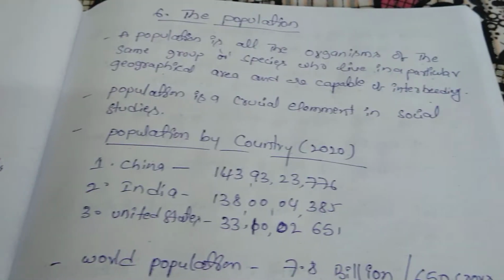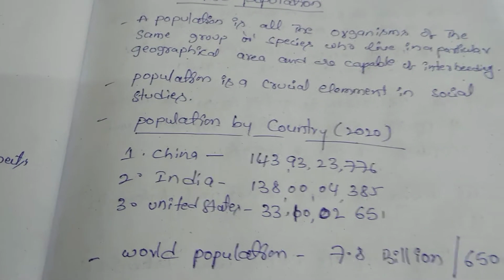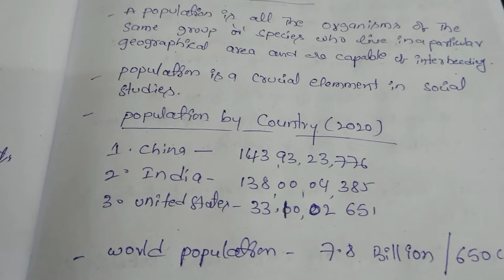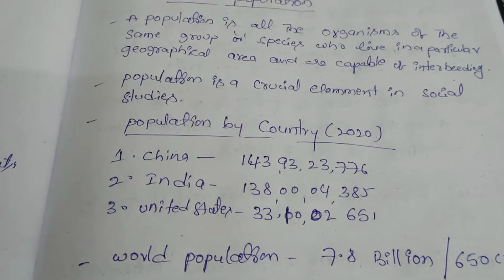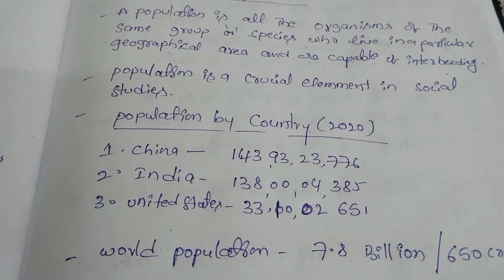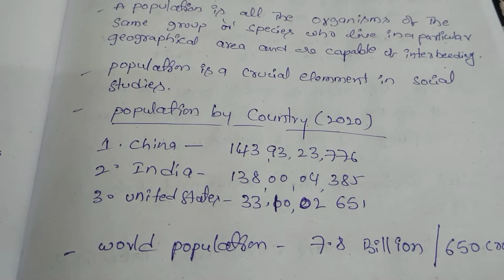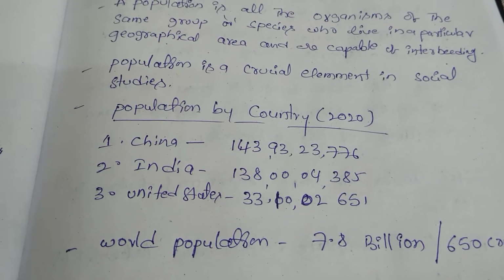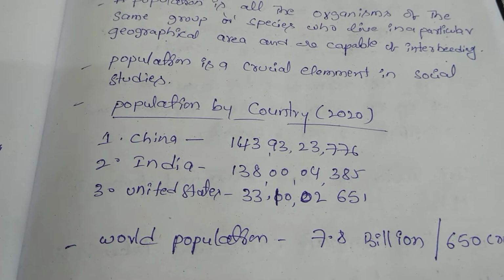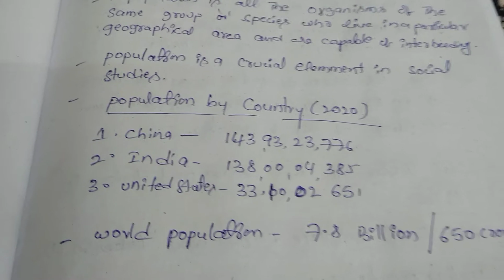Okay, so population by country in the year 2020, the first place goes to China. In China, 143 crores 93 lakh 23,776 people are there.